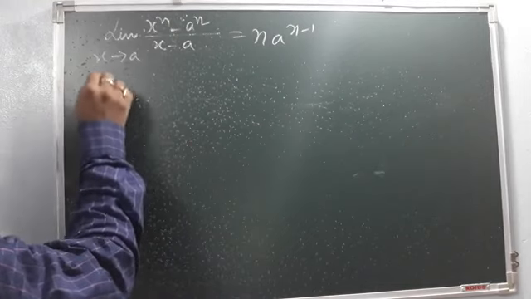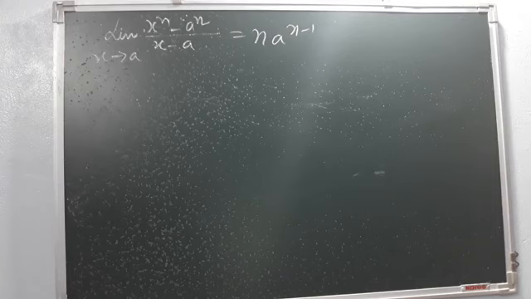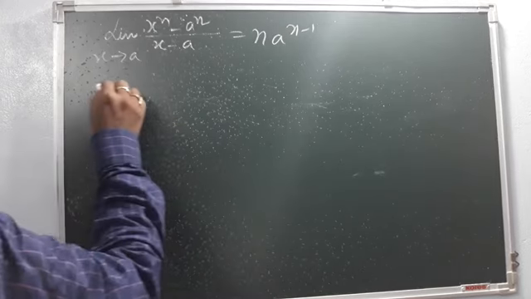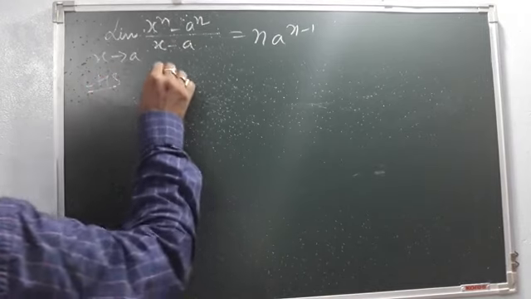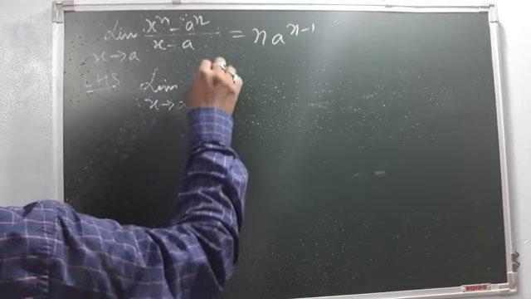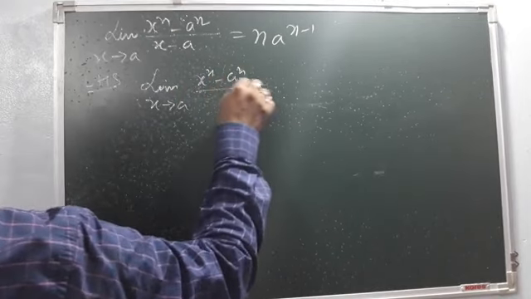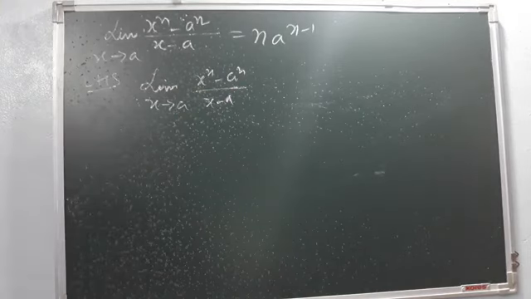So now how to prove this one? If we divide this by that one, then remember, if we take our LHS, limit of x to the power n minus a to the power n divided by x minus a, the numerator we can write in short form.